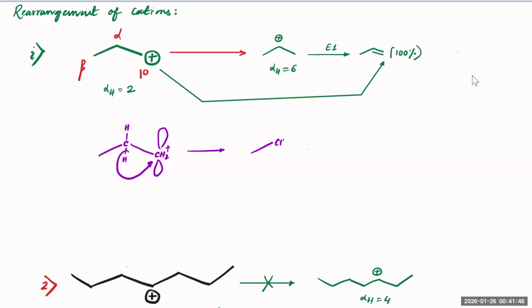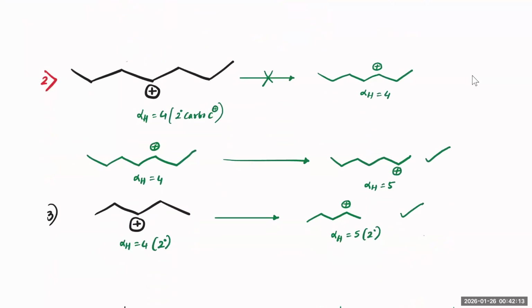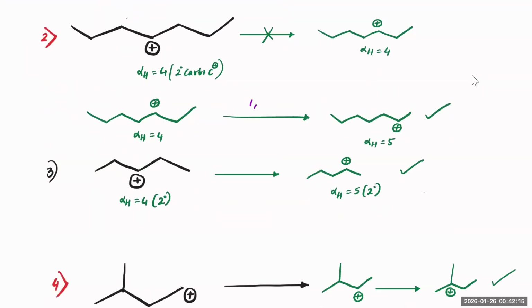That way, this CH will start gaining an empty orbital, and the hydrogen will start making a bond here. Okay, so that's how it leads to the formation of the carbocation at this position. This is called a 1,2 hydride shift, and you may notice that whatever we have done so far is a 1,2 hydride shift only.